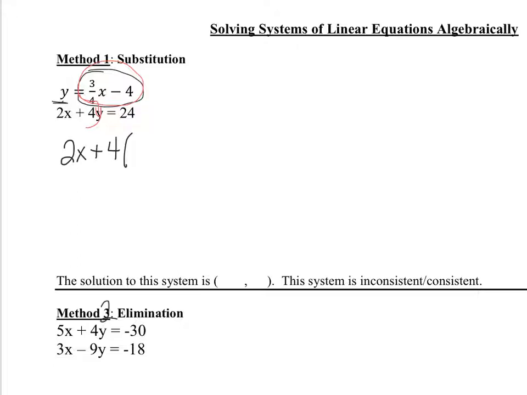But this isn't y. Well, it is y, but it's 3/4 x minus 4. That's our y. This is now here, equals 24. So what I did, in essence, is get rid of the y. And that's what we need to do. You can't solve one equation for two variables. It's impossible. You need two equations.